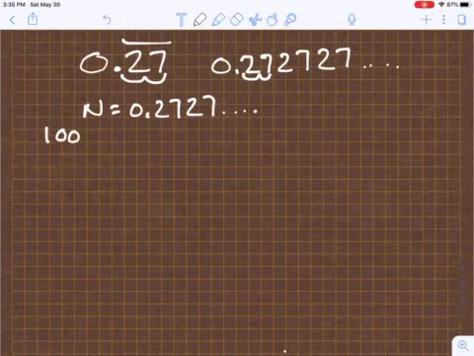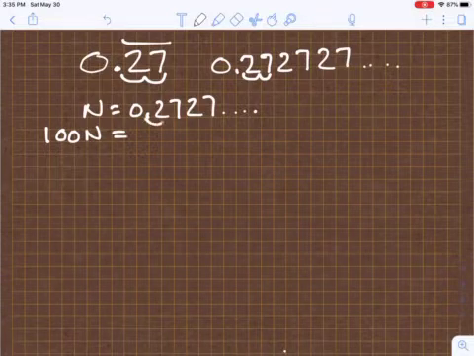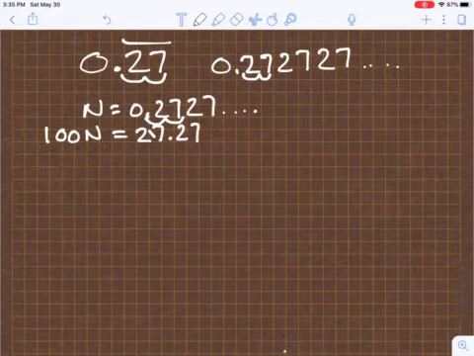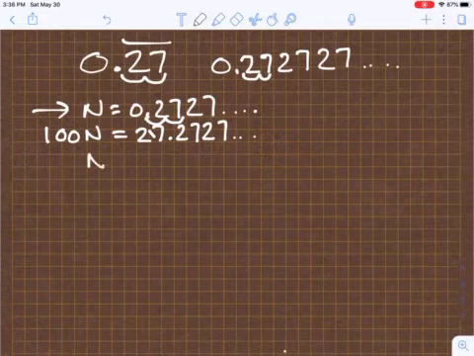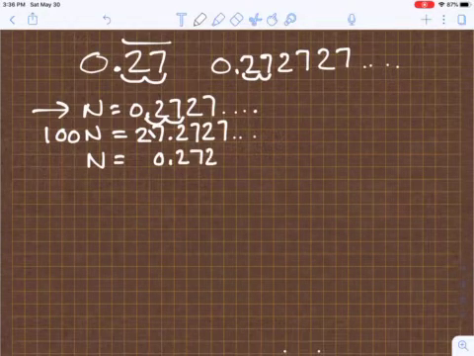So we're going to say 100n is equal to, and if you multiply this by 100, it's going to move the decimal point over 2 spaces. 27.27, and then we'll put another 27 on the end, like that. And then we're going to subtract this original n from it, like we did the other one, minus 0.2727.